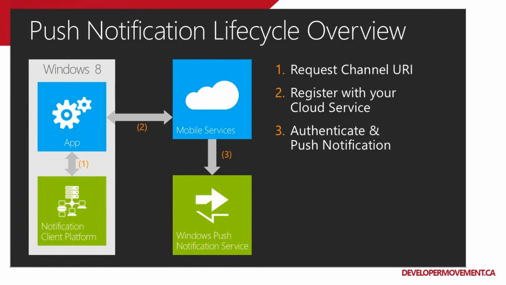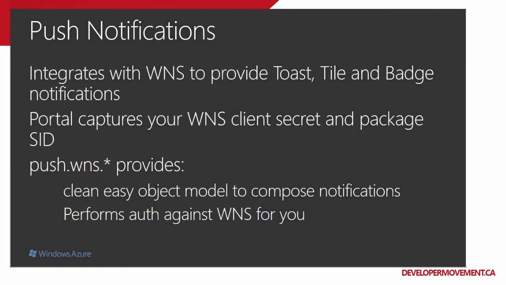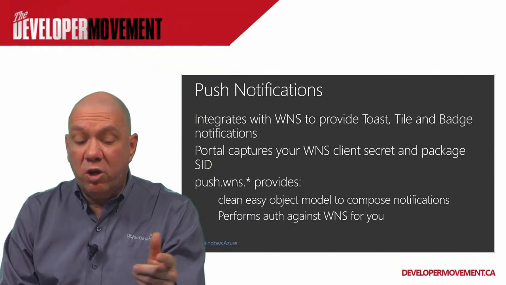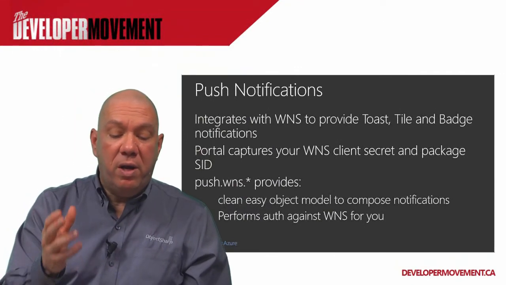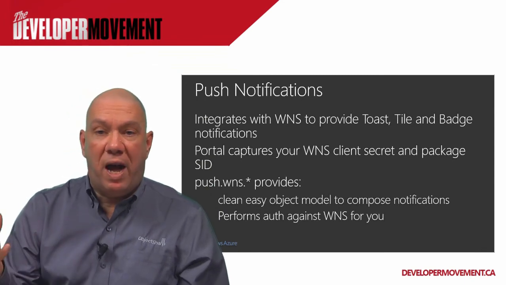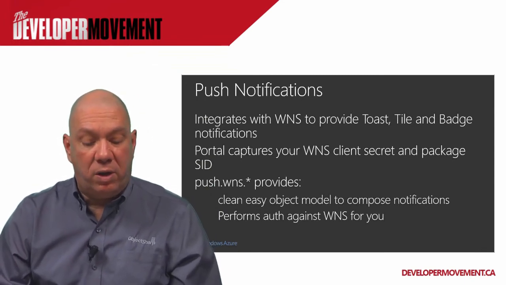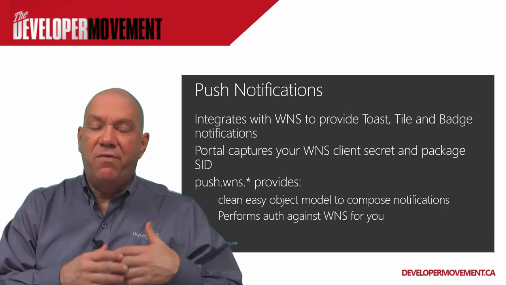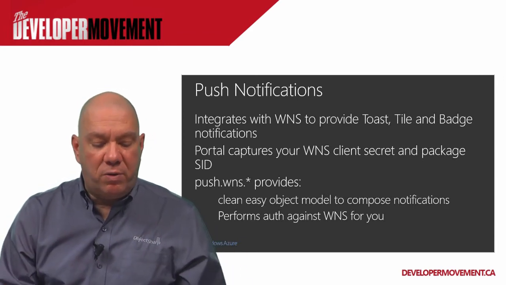So once I've authenticated, my mobile service sends a message to the Windows Push Notification Service, which goes to the notification client platform, which pops up the toast. And so here's my integration. It integrates with WNS, Windows Notification Service, to provide toast, tile, or badge notifications, and it's a very simple model to make it work.